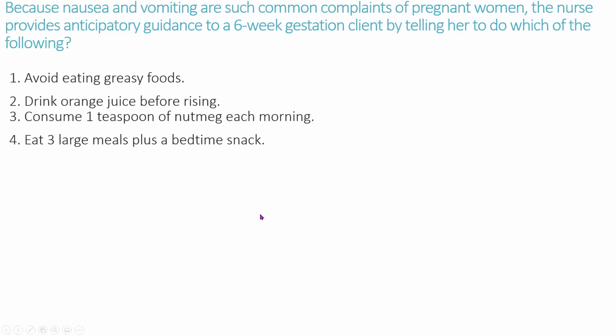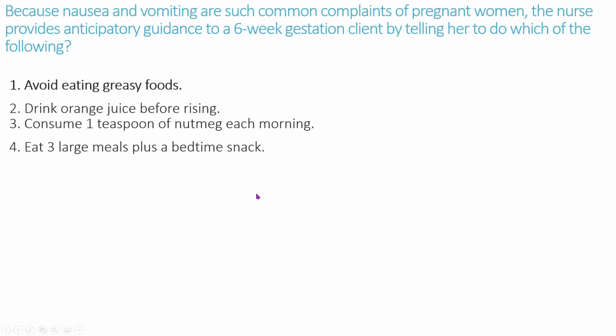Because nausea and vomiting are a big complaint of pregnant women, the nurse provides guidance to a 6-week gestation client by telling her to do which of the following? Two correct answers already submitted. This would be avoid eating greasy foods.